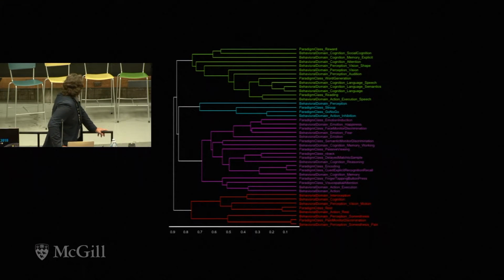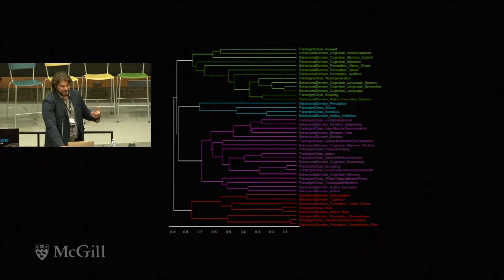And it's kind of hard to see, but this is the resulting dendrogram, and just based on visual inspection, we isolated 4 clusters of labels, where each cluster contains terms from both the behavioral domain and paradigm class. I'll quickly try to do a description of each one. So within the green cluster, how am I doing on time? Okay.